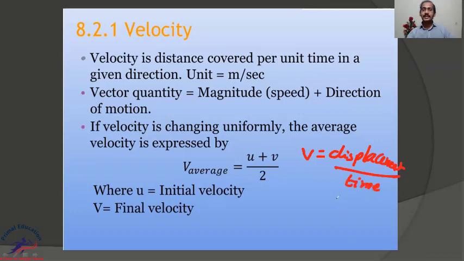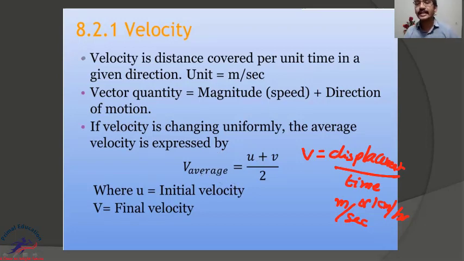Displacement units are also meters, time seconds, so meters per second, or kilometer per hour if it is in major units. Now, velocity is a vector quantity because displacement is a vector quantity. Now, average velocity is equal to initial velocity plus final velocity by 2.